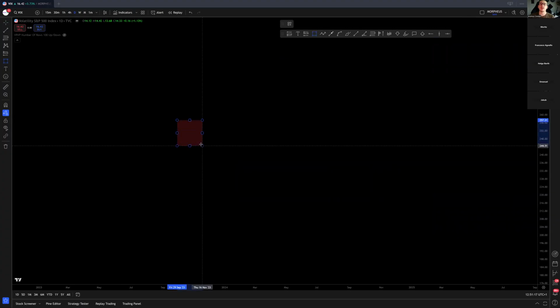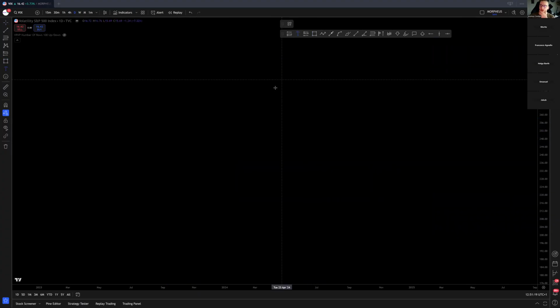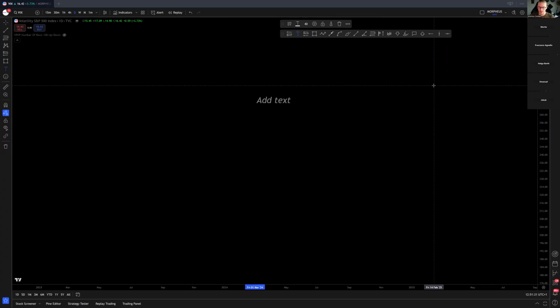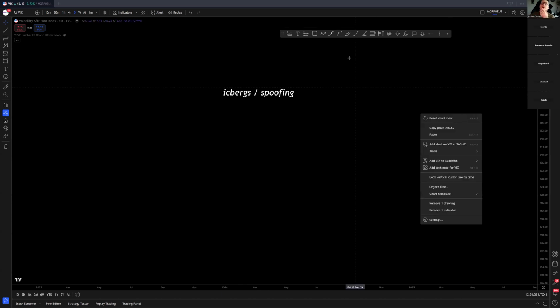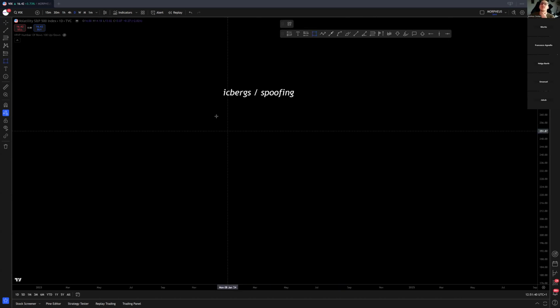So the first two patterns that we're going to try to understand are icebergs and spoofings, which is a pattern that Serge, the scalper of the team, actually trades. Okay. Let's build our book again.